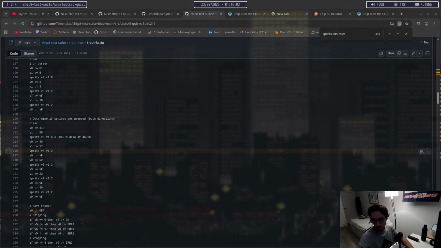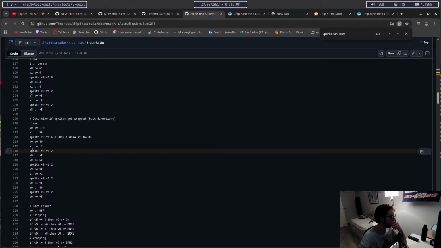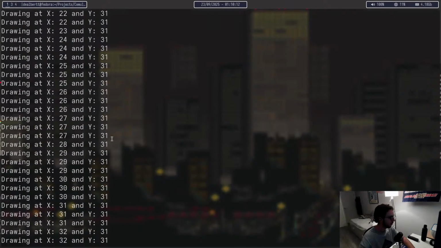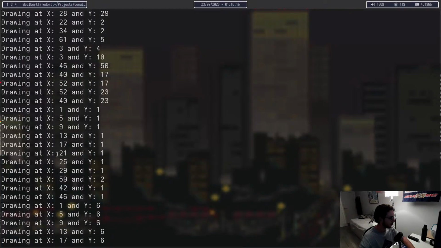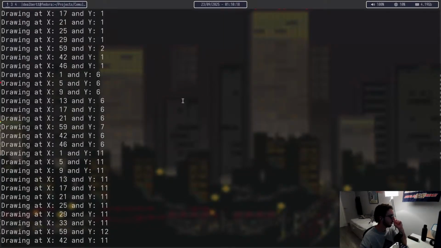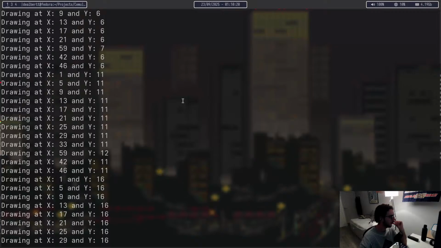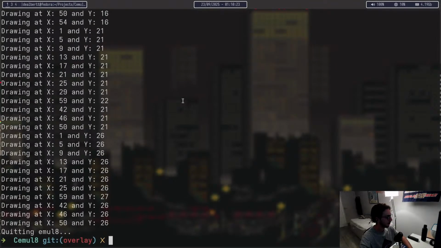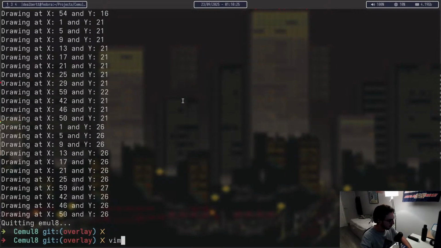Okay, here it is. So I guess stay on the lookout for the values that match the ROM. So I should draw at 46, 18. I mean, 46 and 31. 46 and 6. Okay, so let me look out for those.